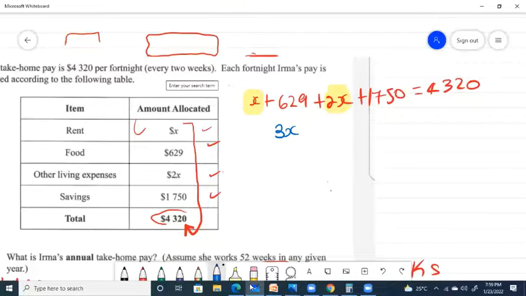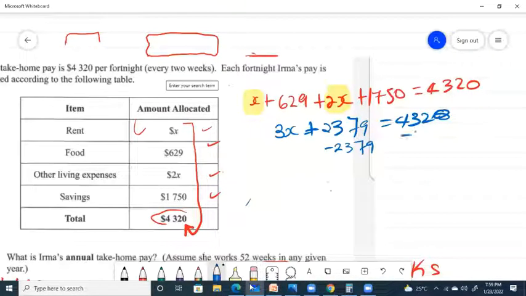So I'm going to add together 629 plus 1,750, which is 2,379. And all of that is equal to 4,320. At this time, we can subtract 2,379 from both sides, leaving the 3X. We're solving for X.